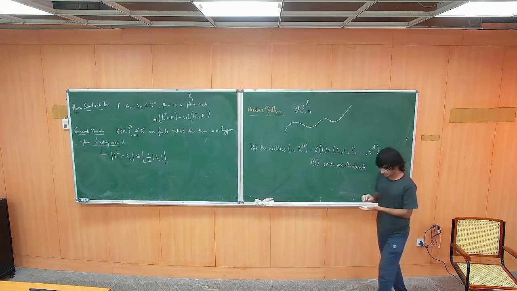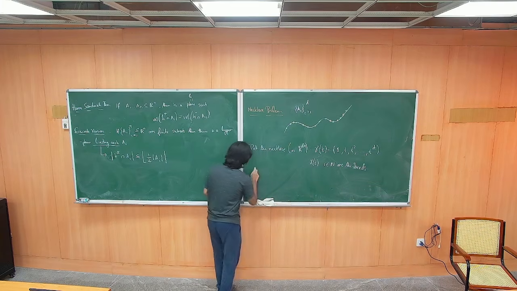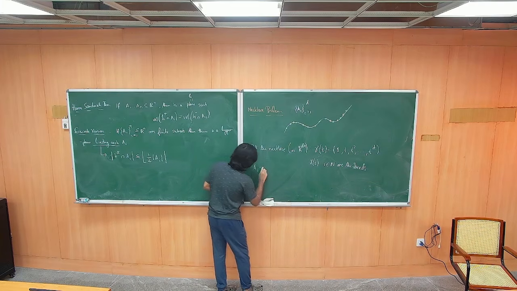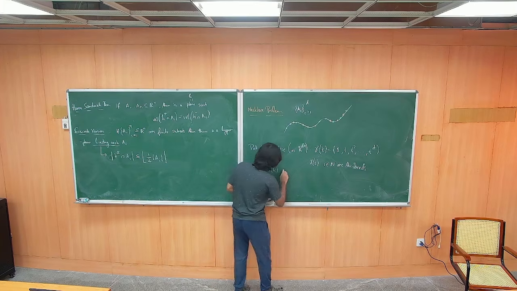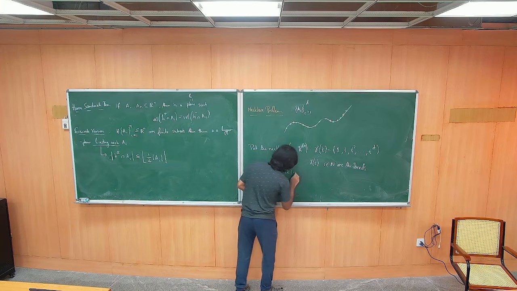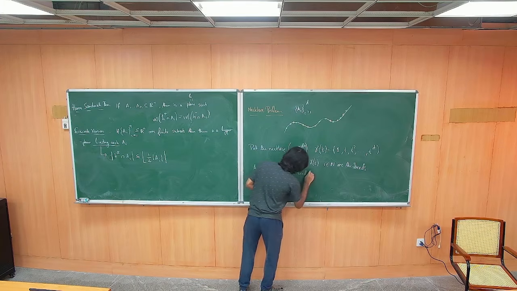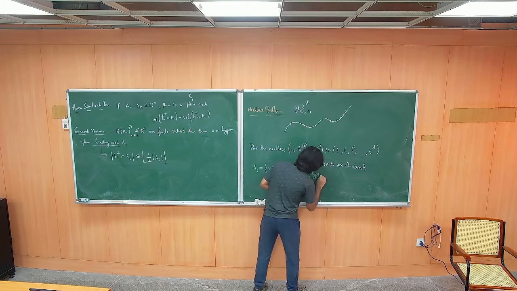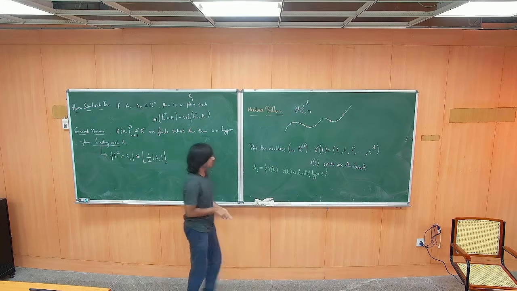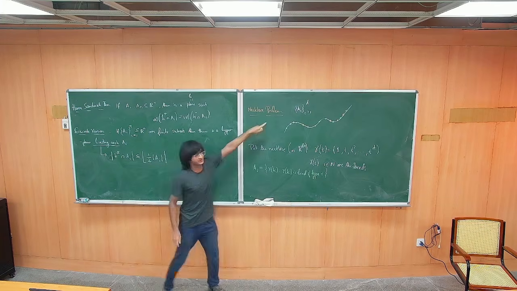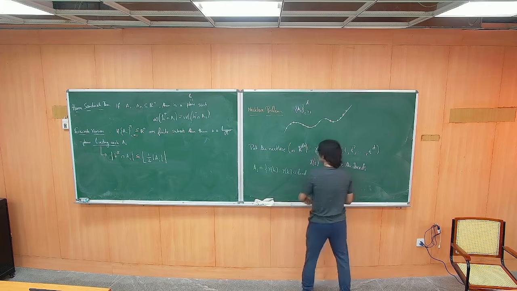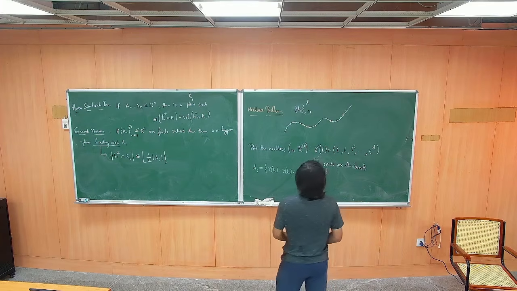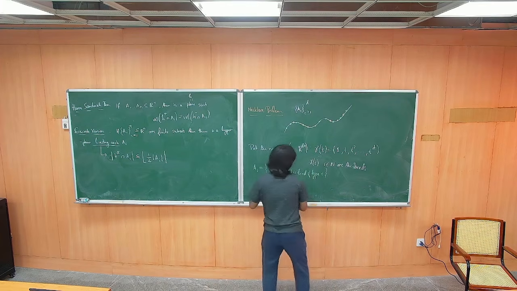A_i are those gamma(k) such that gamma(k) is a bead of type i. That's the definition of each of these A_i, and there are d many of them.